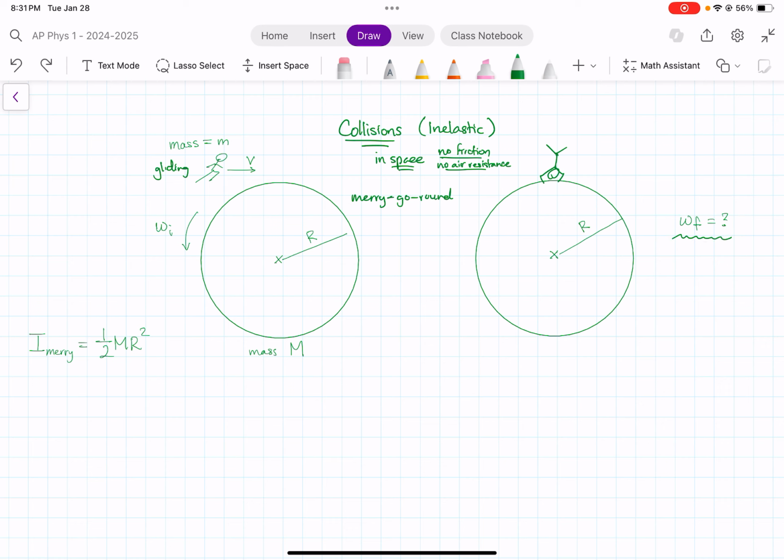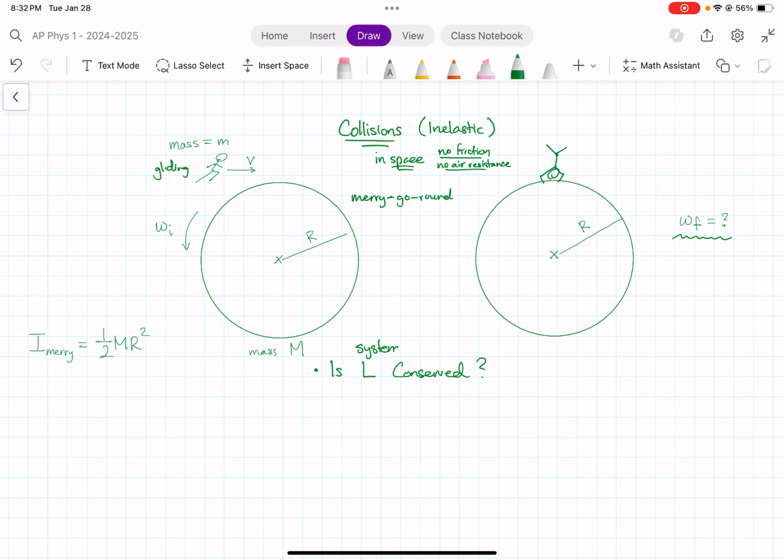But the first question you should always ask yourself for momentum problems is, is my momentum quantity conserved? You might want to take a second to think about it before I reveal the answer. So take a second, and keep in mind my system.